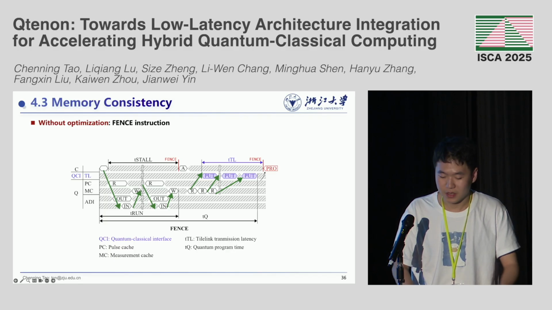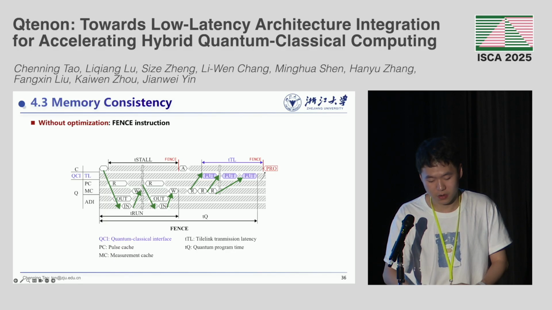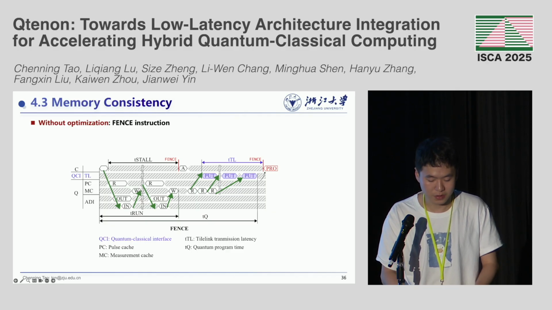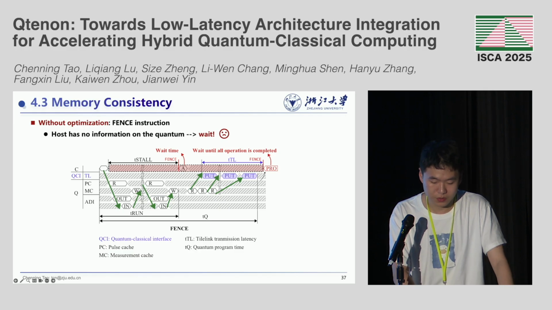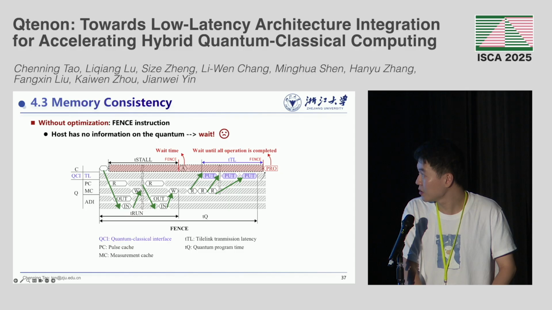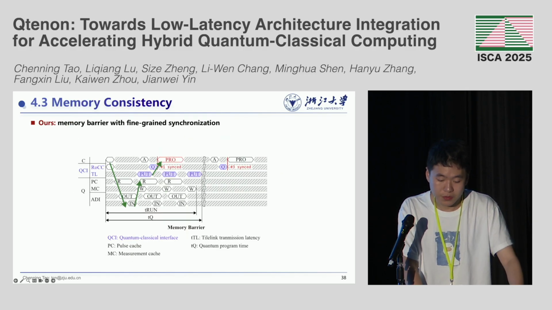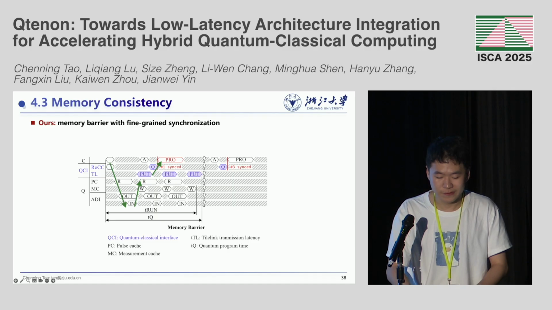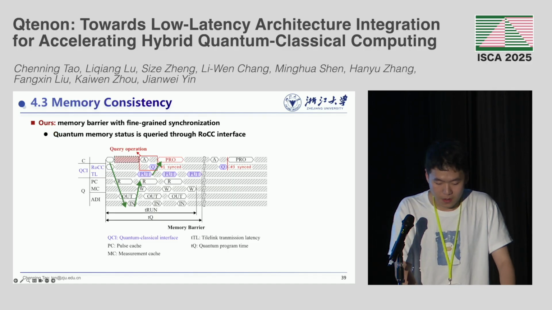In our case, this means the classical part has to wait until all quantum operations are finished before continuing to compute. This will introduce long waiting time on the host side, which will significantly reduce our system's efficiency. So to reduce this long waiting time, we propose a memory barrier with fine-grained synchronization.